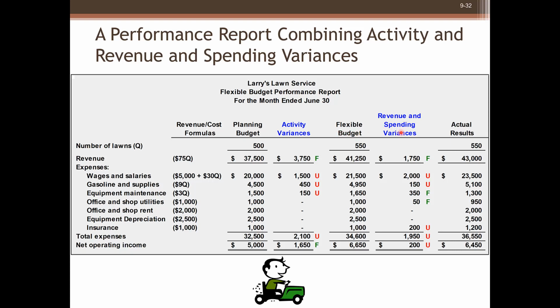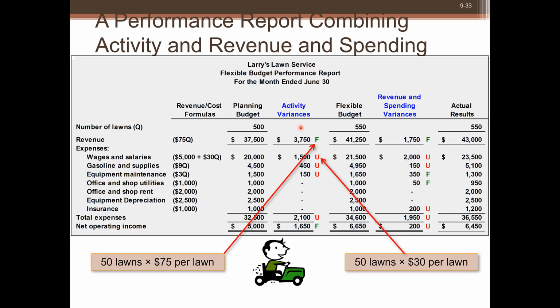Revenue and spending variances are between flexible budget and actual results. So here, we combine what we've learned so far. Activity variances are the differences between the budget amounts in planning budget and flexible budget. The only difference is the level of activity.